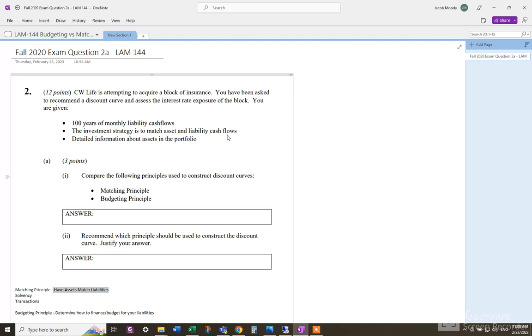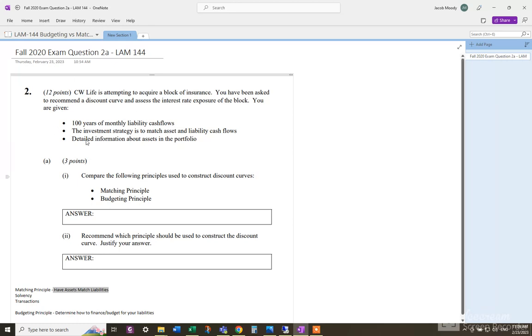And so you could look at how liquid it is to make sure you could get these cash flows done. And also, it's really good for the third bullet point, the detailed information about assets in the portfolio. Like I was saying, how liquid is it? You have detailed information about the assets per each time step. So the matching principle is really good for this. And this is what I would recommend here.